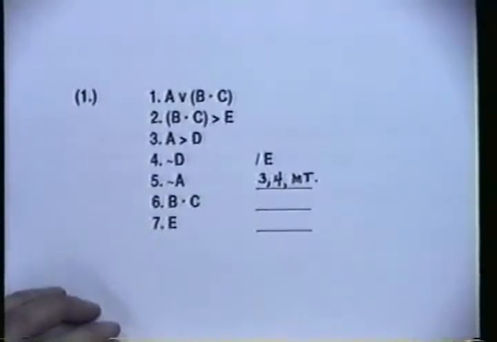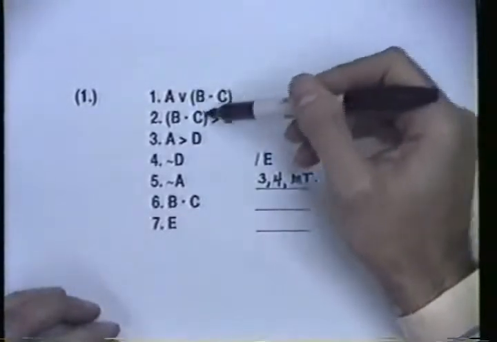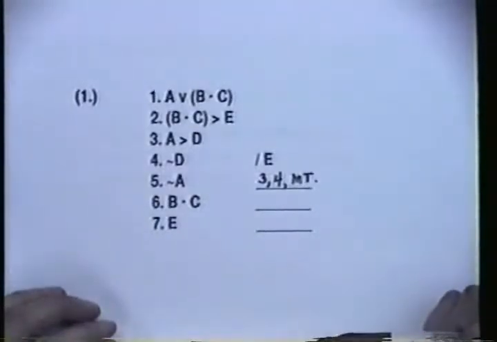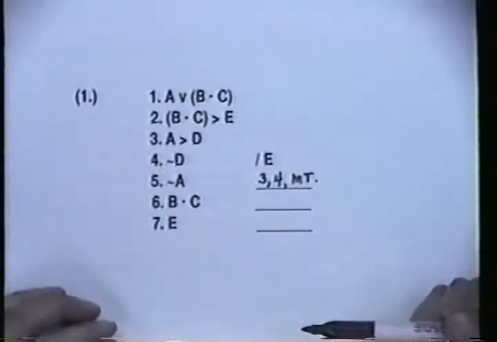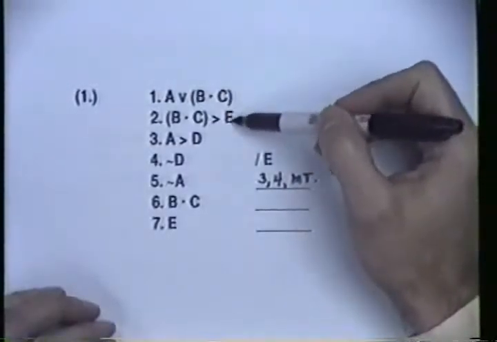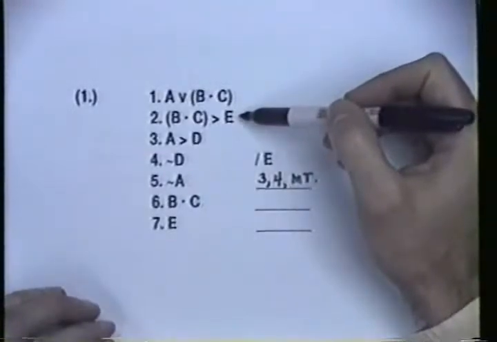Okay, now how did we get B and C? Well, first you look back at the premises and see where B and C occurs. Notice it occurs here. It also occurs here. So what further information do we already have that allows us to derive B and C from either line 1 or line 2? Well, we're not really going to easily get it from line 2, are we?